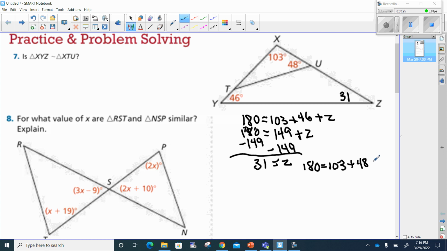And plus t. And that's going to give us 180 equals 151 plus t. We'll have to subtract 151 from both sides.